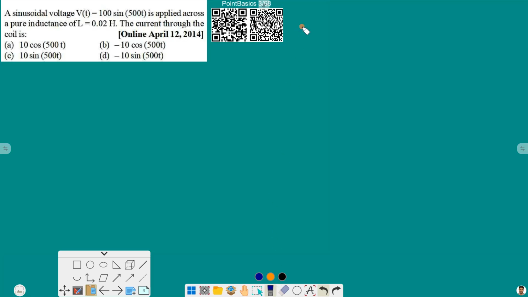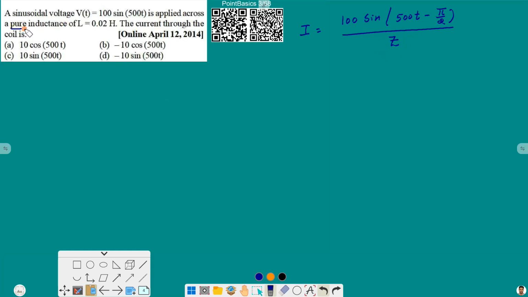So the current here will be 100 sin(500t minus pi by 2), lagging by pi by 2, divided by the impedance of the circuit. Now we have to calculate the impedance.